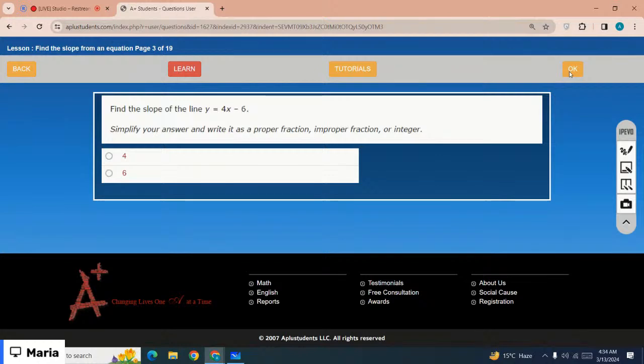That is, yes, the slope of the line is 4. The correct option is 4.